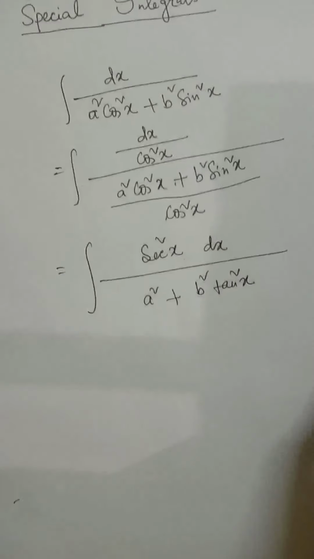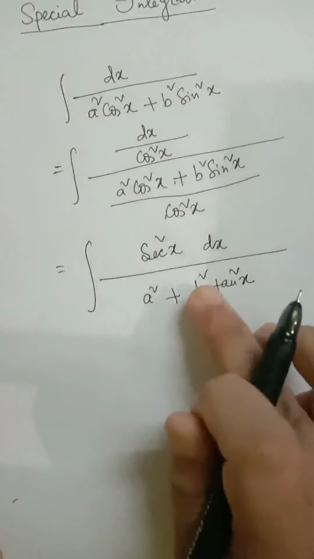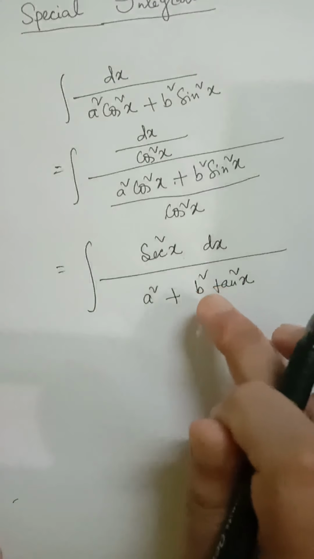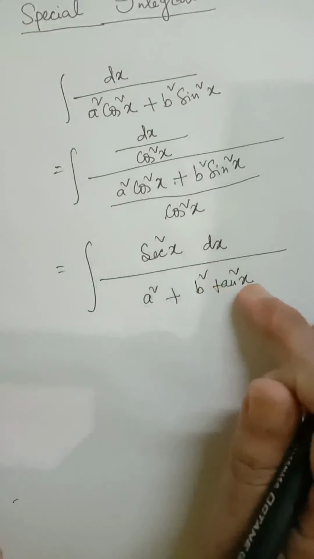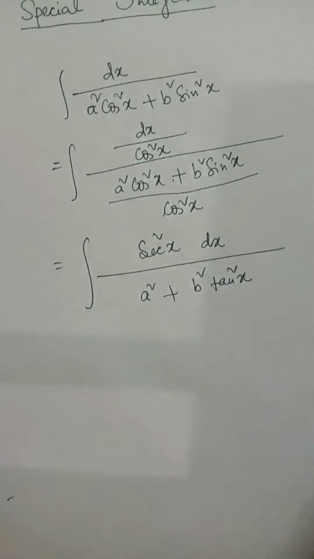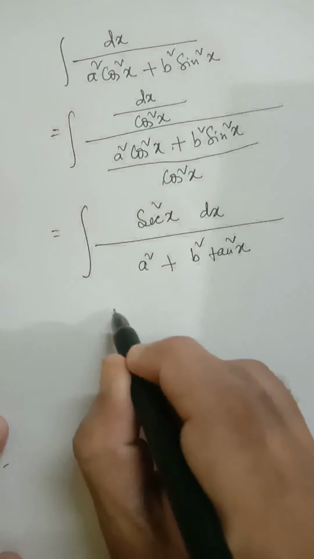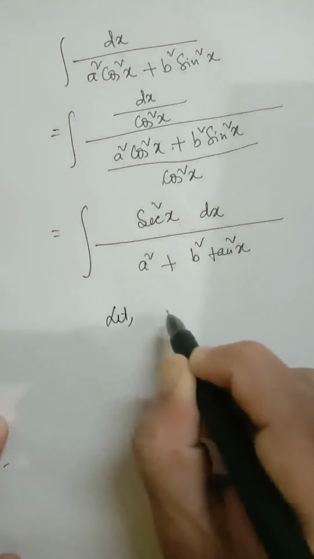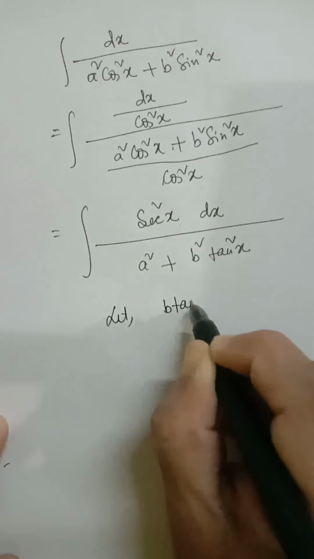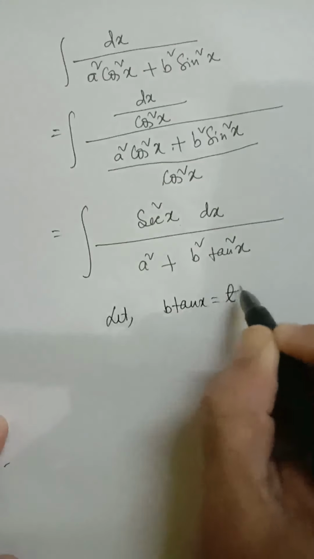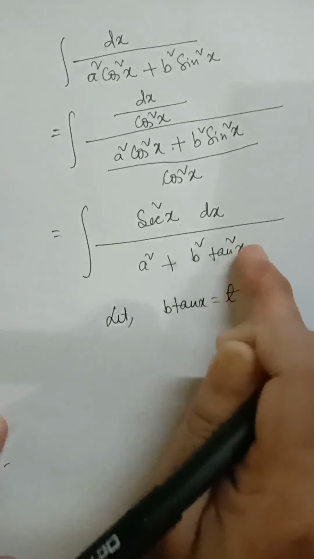Okay, now we know the derivative of tan x is sec square x. So now we have to substitute. For that we will put b tan x equal to t, so the denominator is a square plus b tan x whole square.